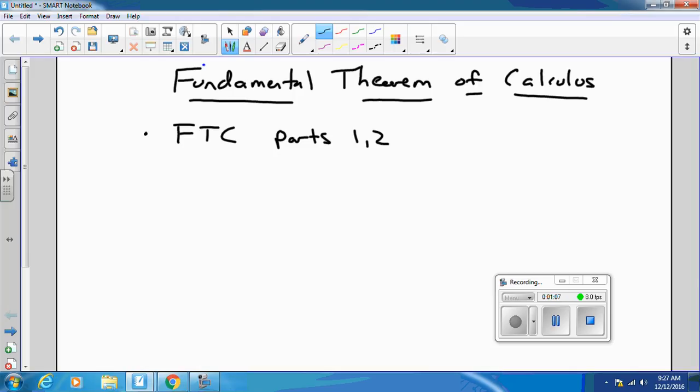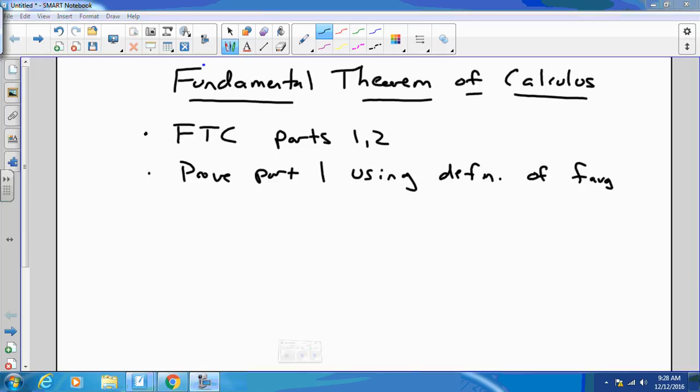And those two parts are complementary to one another. And then we're going to prove part 1 using a definition of average value. So that's our goal, and let's see if we can get there.